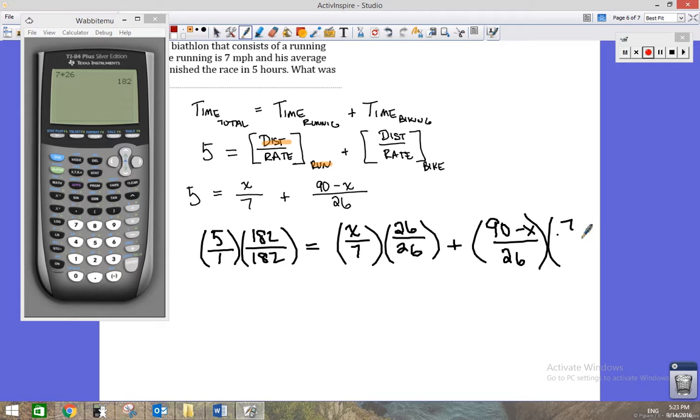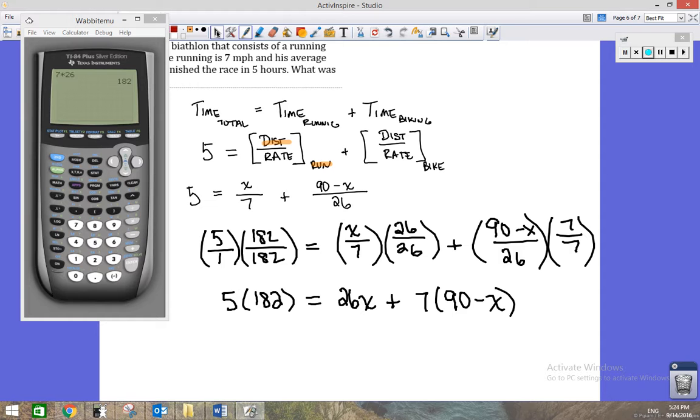Multiply this by 7 over 7. And now all of these denominators are 182. So let's take 5 times 182, 26 times x, and 7 times 90 minus x. And let's see what we get.